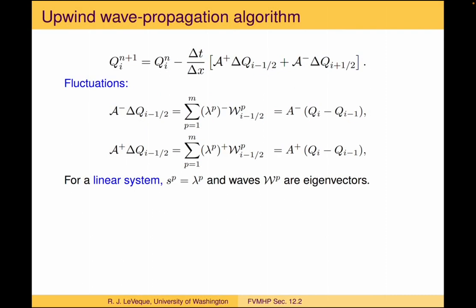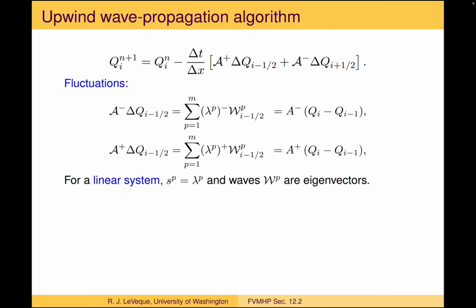But for nonlinear problems, it's a little more complicated than just looking at the matrix, because the Jacobian matrix is changing everywhere, and solving the Riemann problem is more complicated, but we'll see that we can often still come up with waves and speeds.